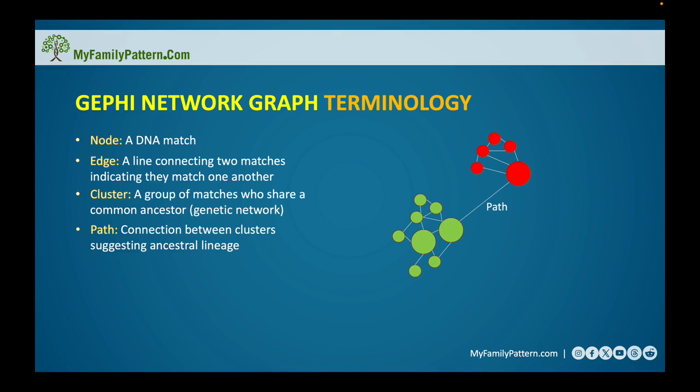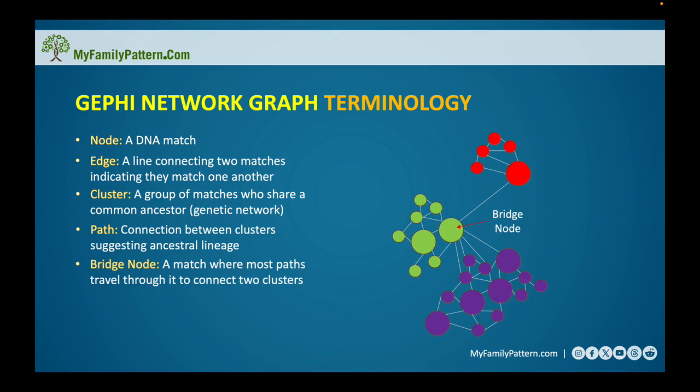Now, my example here is very simplified, and I only have one path. Ultimately, there's going to be many paths, but those paths will be very clear that they are connected. Now, when we're interpreting unlinked family clusters, there are two types of nodes that I really pay attention to. One is a bridge node. And a bridge node is when a good number of paths between two clusters come through one or several nodes or DNA matches.